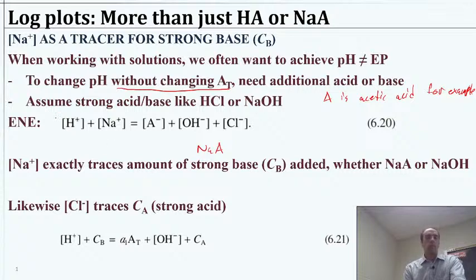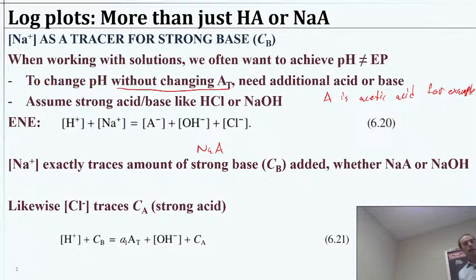So just simply rearranging this equation and adding in our alpha fraction A1 times A total, so this total amount of, in our example, acetic acid, times the fraction that is the A minus version of that. That gives us that term.